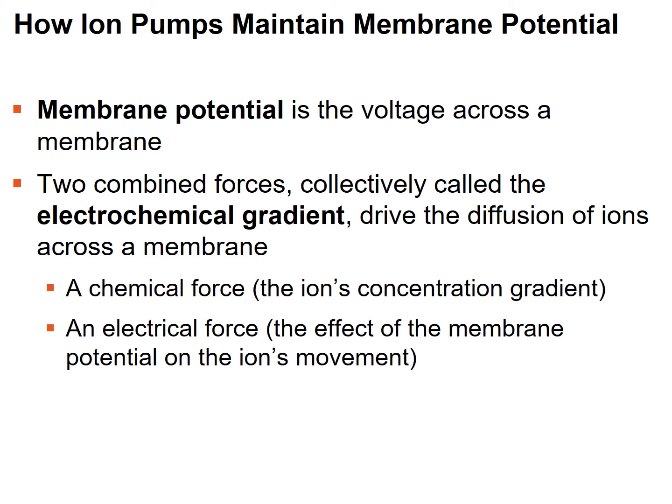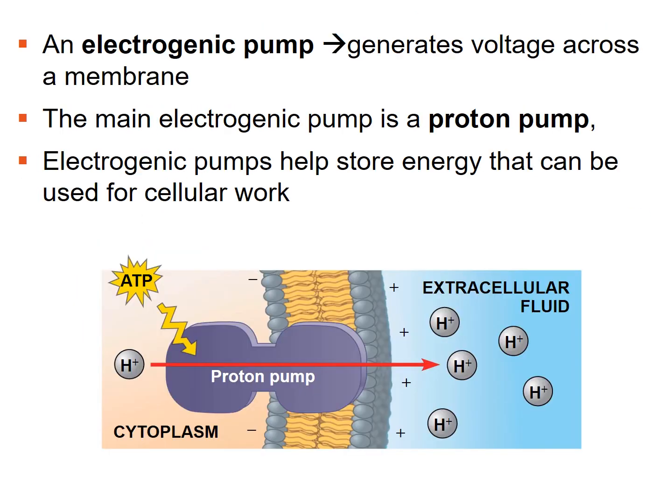The ions, of course, may be positively charged or negatively charged, and this creates an electrical difference, like a voltage across the membrane. So basically you're going to have a more positive side of the membrane versus a more negatively charged side of the membrane.